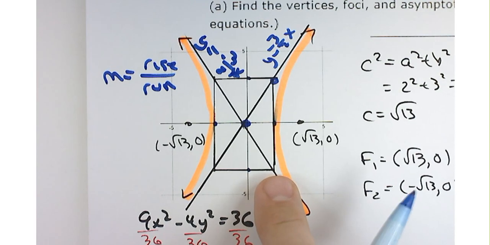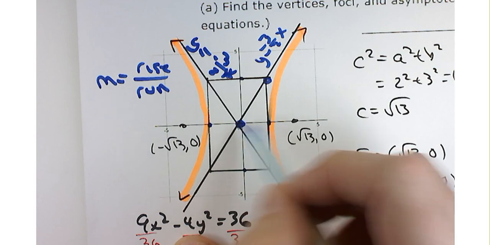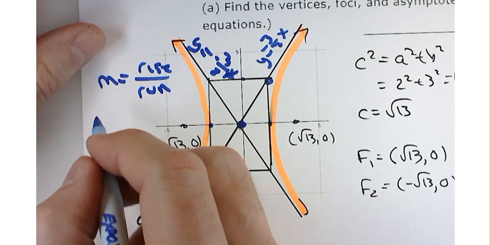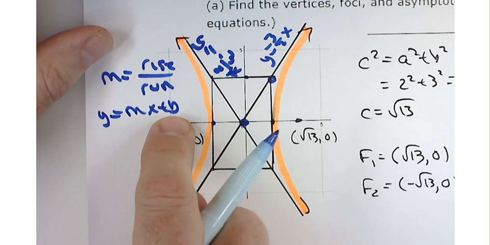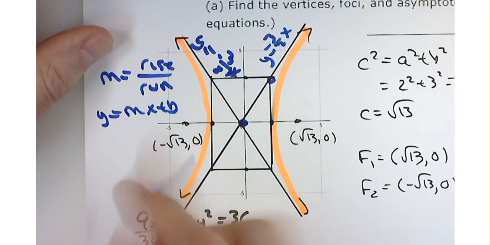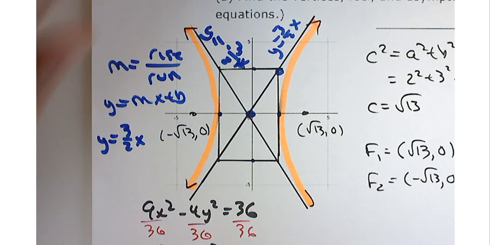So another way you could find the equation of this line is to say, okay, the slope is over 2 up 3. There it is, 3 over 2. And your equation of the line has to be y equals mx plus b. B is 0 since it passes through the origin. So that's another way to find the equation of this. It's just look at the slope of the line that goes through that corner.